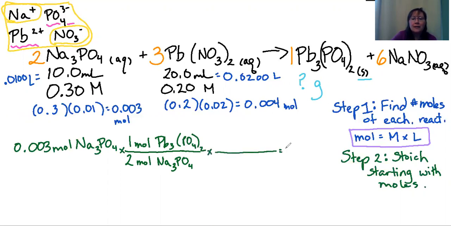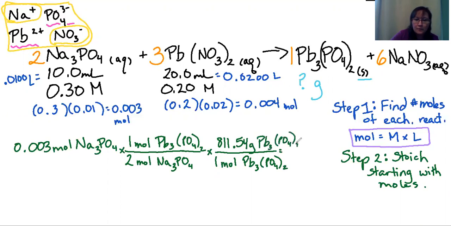And now the next thing I'll need is the molar mass of my unknown. 1 mole of Pb3(PO4)2, and I have actually calculated that value ahead of time, and it is 811.54 grams of Pb3(PO4)2. It's a big one.